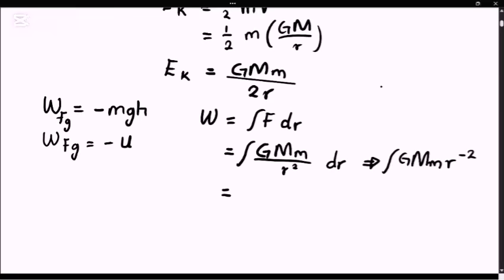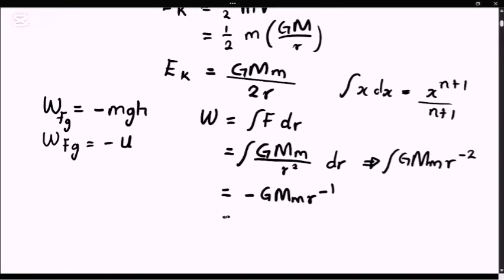Remembering the power rule, when integrating x with respect to x, in its exponent we add 1, then we take the new exponent and divide by it. So if we add 1 to negative 2, we get negative 1, and when you divide by negative 1, this will give us negative GMm r to the power negative 1.